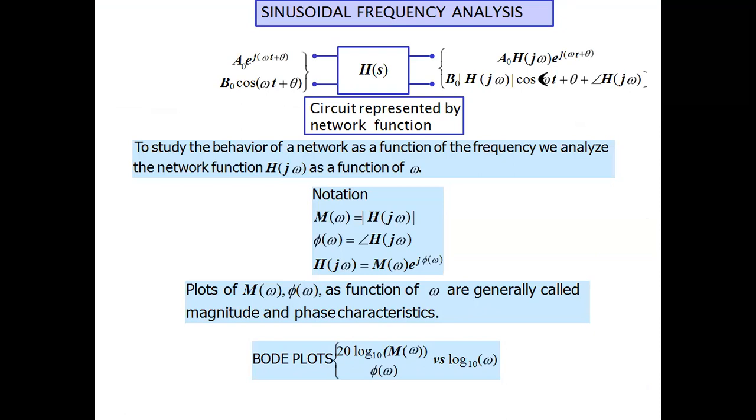So if we have any sinusoidal function, A0 e to the power j omega t plus theta, and we solve that by the network functions, you will get A0 H of j omega into e to the power j omega t plus theta. And if we have another equation in cosine form, B0 cos omega t plus theta, you will get B0 magnitude of H of j omega into cos of omega t plus theta plus angle of H j omega.